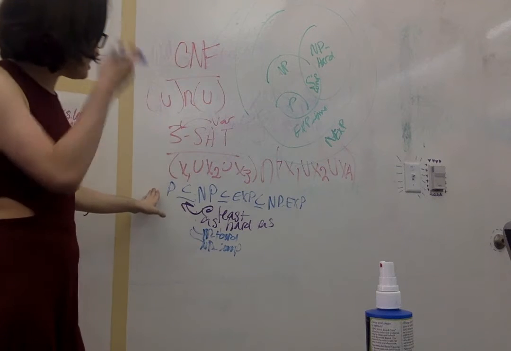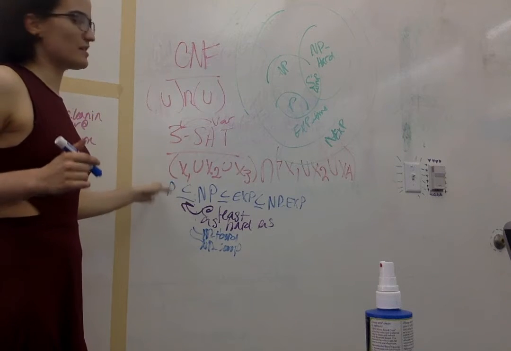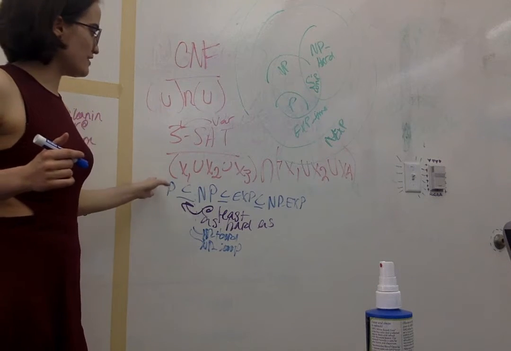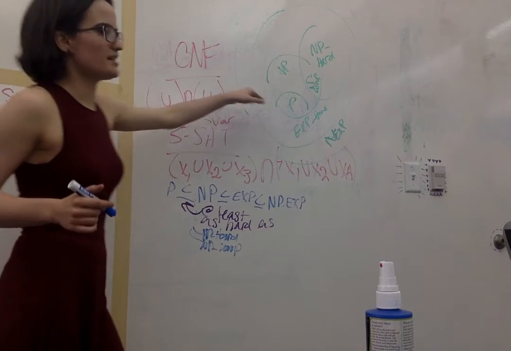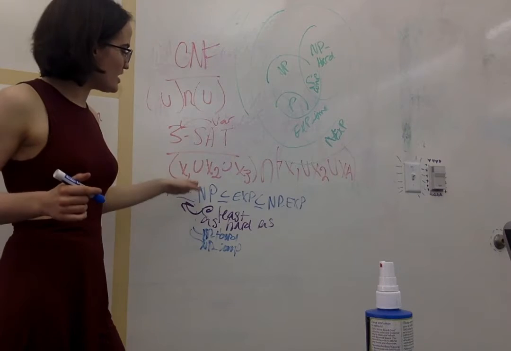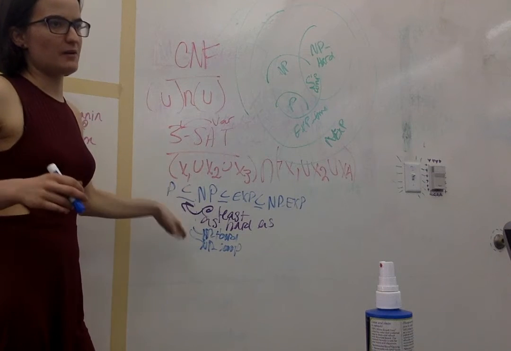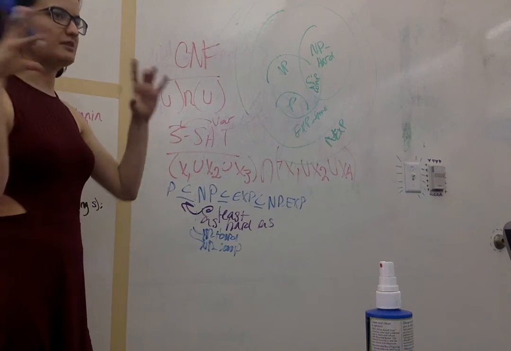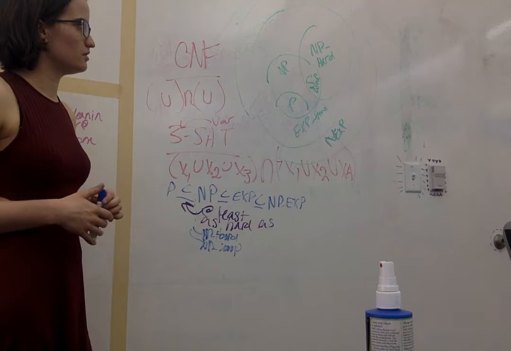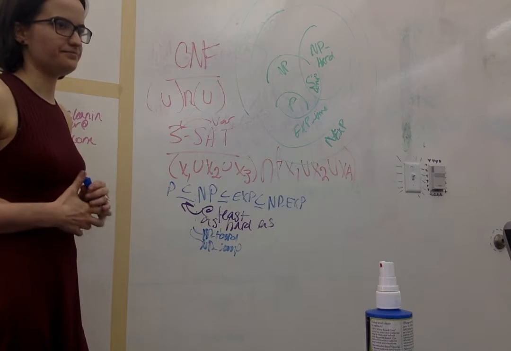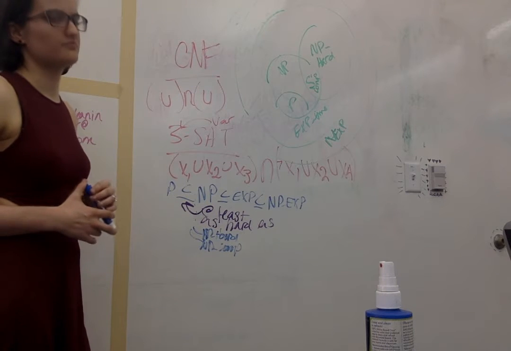P is to the left of NP because it's a strict subset of NP, and these three are to the left of exponential because they're strict subsets of exponential. There's no way to determine how they relate to each other because they're at the same level of nesting. Because they're in that circle, and there's parts of it like a subset.